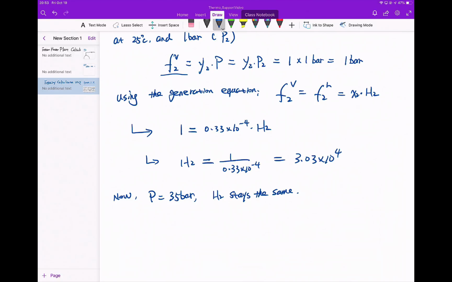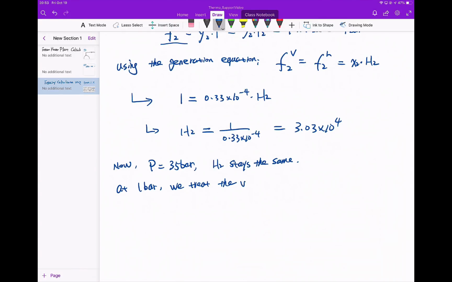So at 1 bar, we treat the vapor phase as an ideal gas.